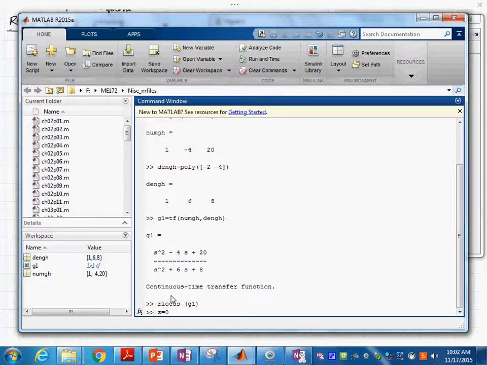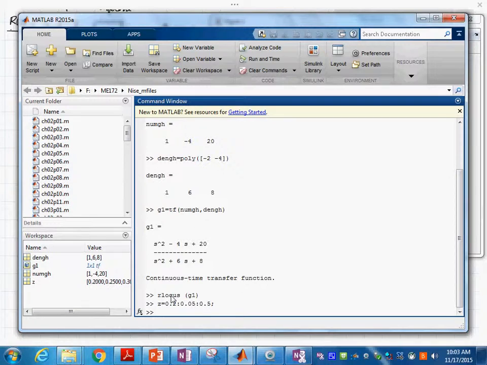Okay, this is like a damping ratio of 0.2, and then we're going to say colon, so it indicates the step 0.05, then colon 0.5 like this, and then colon, so that defines a range of values that we want.